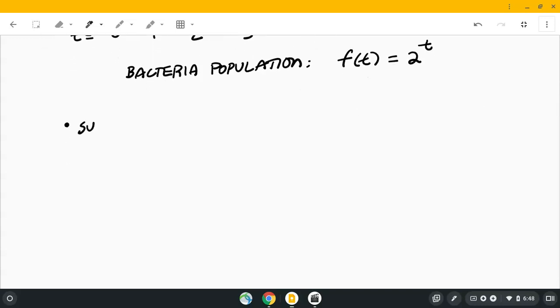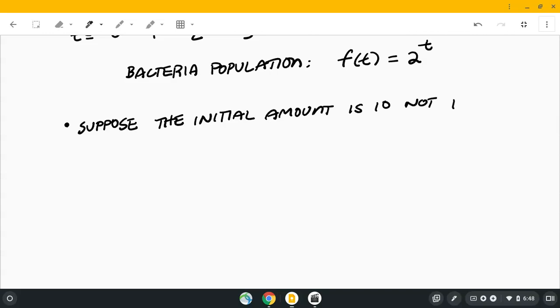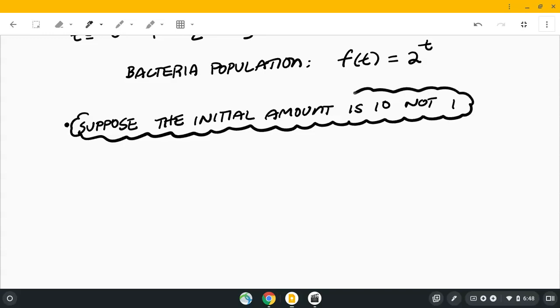So suppose the initial amount is, let's say, 10, not 1. We will look at this sort of case in general, whether the initial amount is 10 or something else, but let's use 10 as a concrete example.